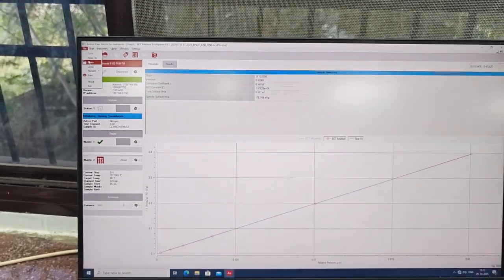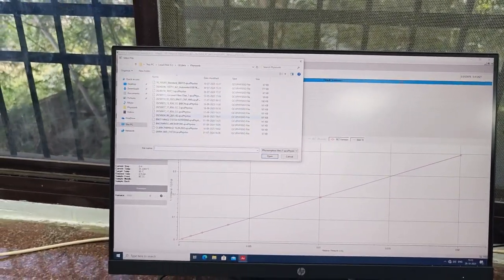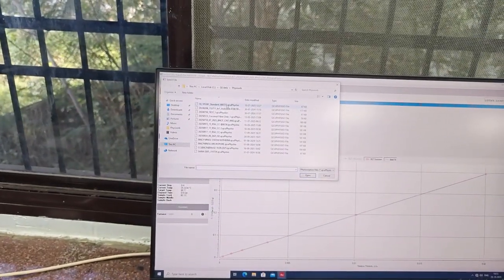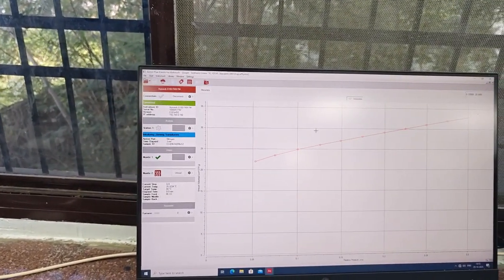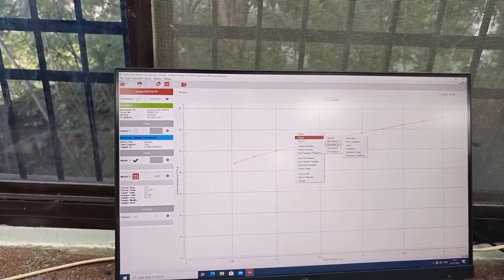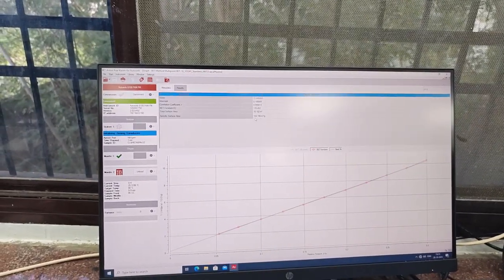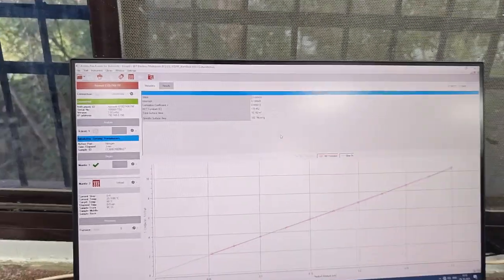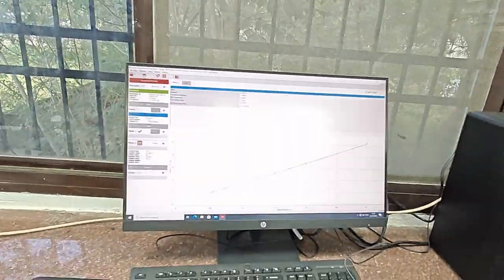We have also done another standard, where the surface area is showing very high by the BET method, 102. So very nice curve is observed.